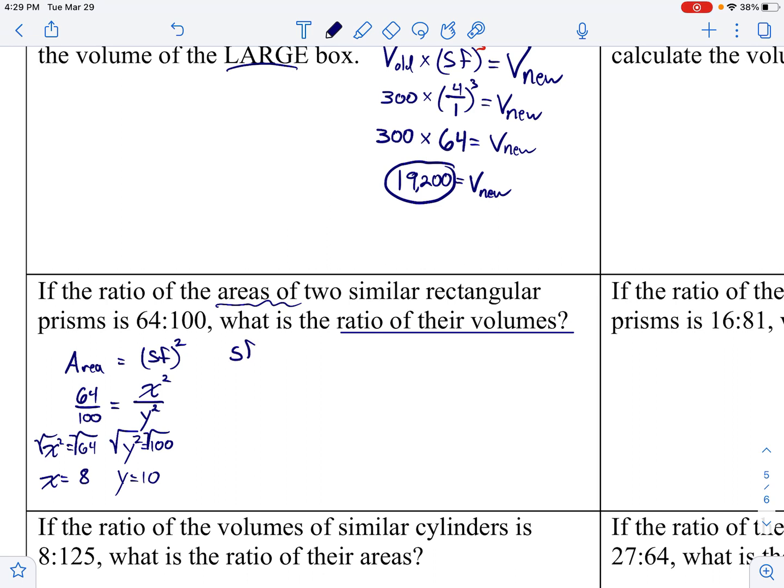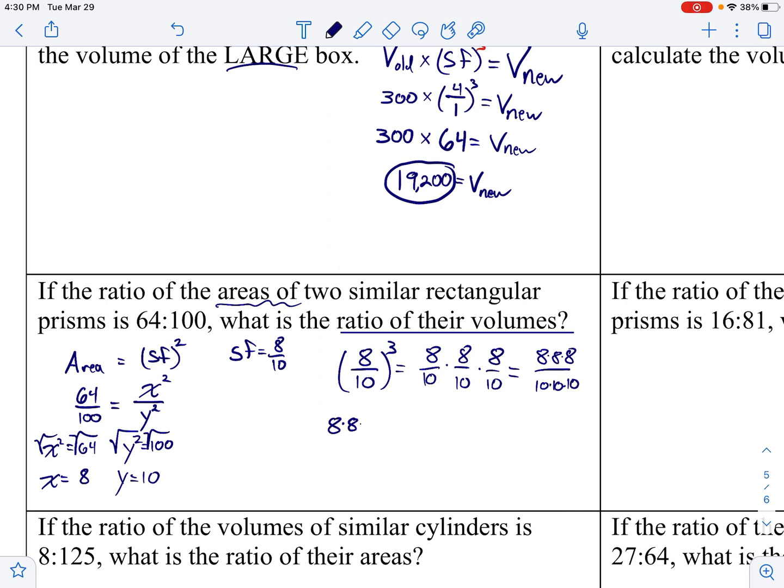Well, once I know that my scale factor is really just 8 over 10, finding their volumes isn't too hard. I'm going to take my scale factor, 8 over 10, and now I'm just going to cube it. And again, what that really means is it's 8 over 10 times 8 over 10 times 8 over 10. That's the same thing as saying 8 times 8 times 8 over 10 times 10 times 10.